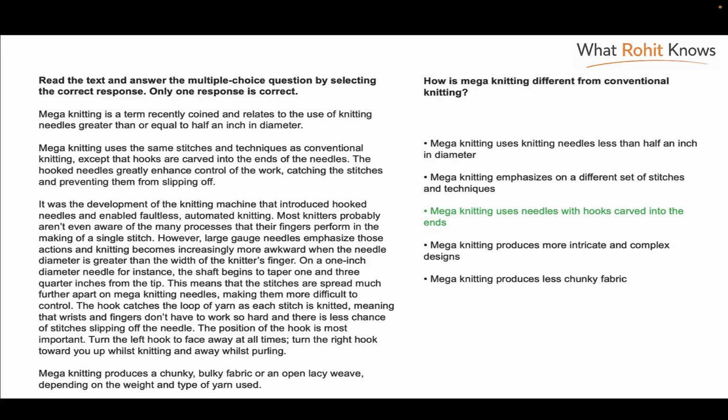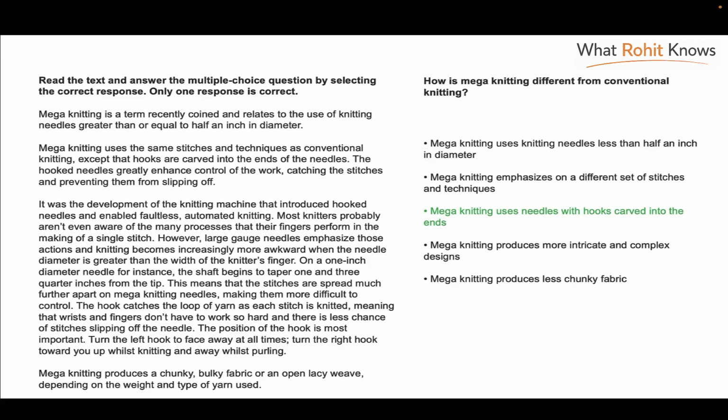Next one, mega knitting emphasizes a different set of stitches and techniques. The second paragraph, where it is a comparison with conventional knitting, says it uses the same stitches and techniques as conventional knitting. So this is actually the opposite, and that is also not a correct option. The third option, mega knitting uses needles with hooks carved into the ends.